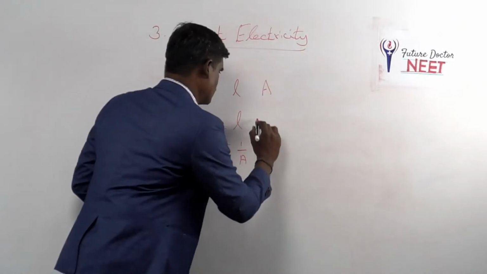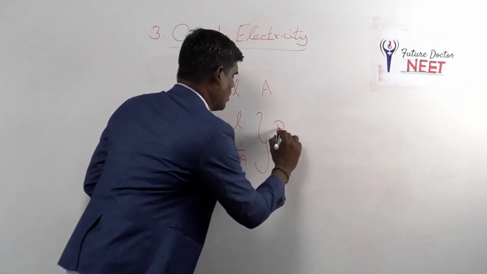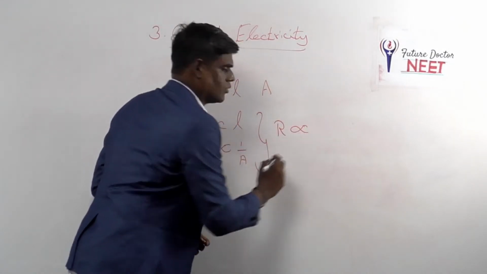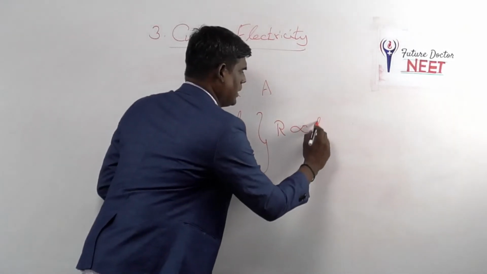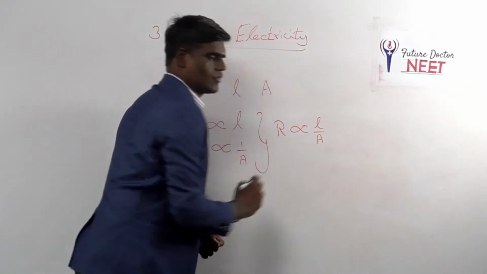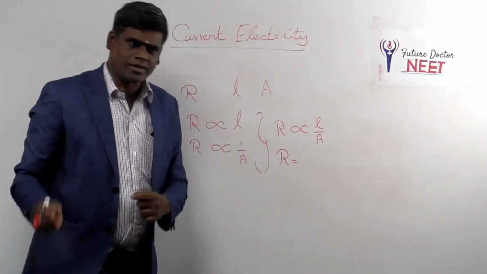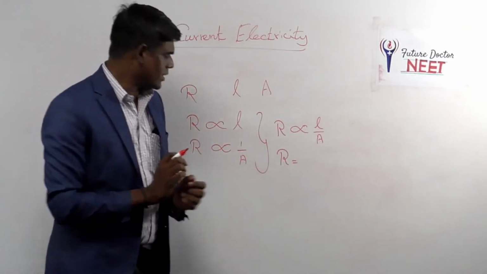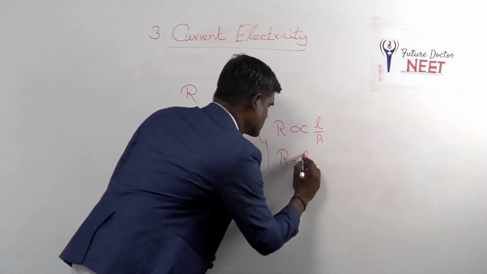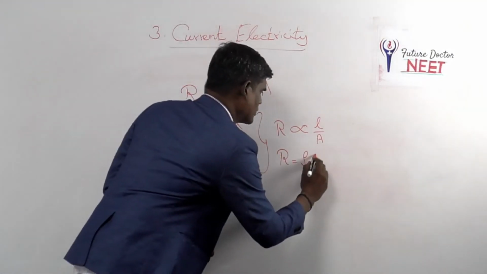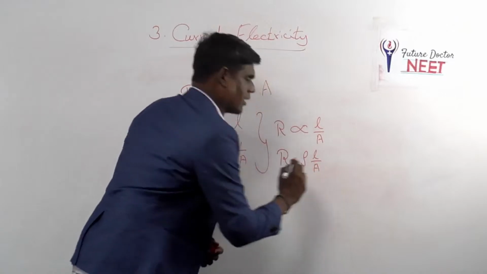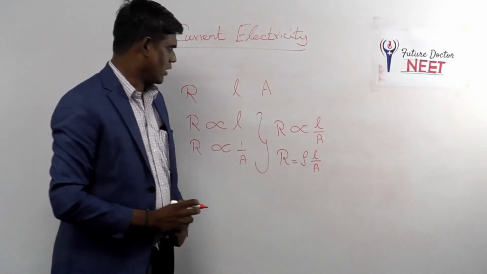Combining these two, R is proportional to L by A, and R equals another constant we want to introduce. What is that constant? Resistivity, rho, into L by A. Okay, what is rho?